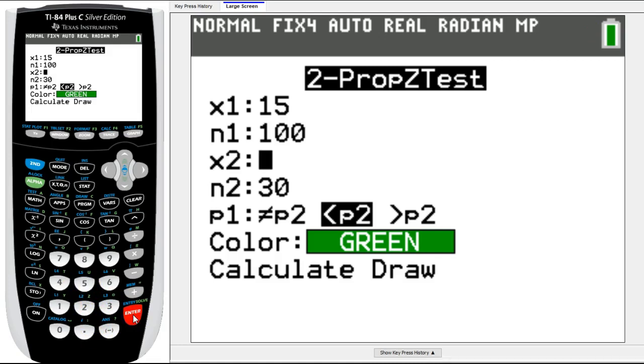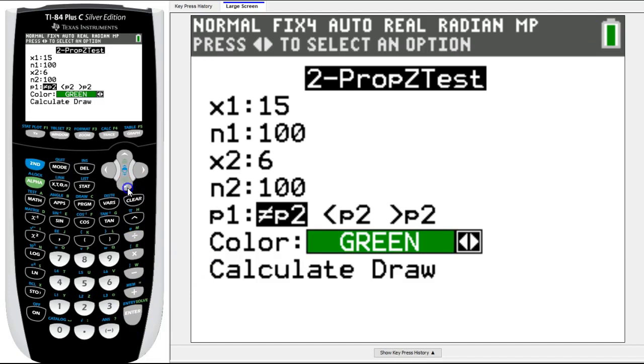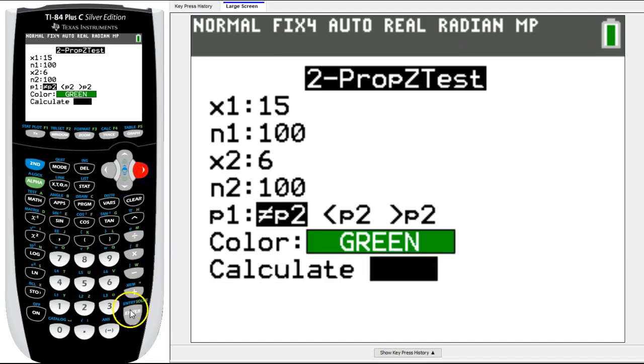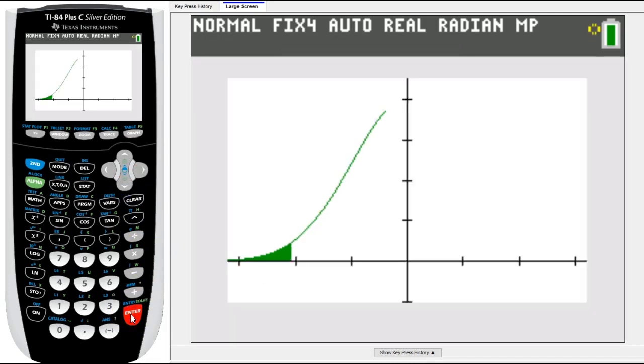Our x2 was 6 out of 100. And we want to see if they are different, so it's going to be not equal to, and I'm going to go ahead this time because I have the TI-84 and draw the solution.